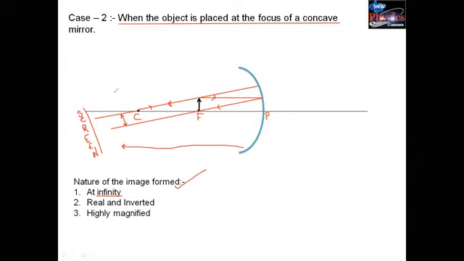But in case the image is formed in front of the mirror, then we will have real and inverted image, and the image will be highly magnified. ठीक है, image will be highly magnified. प्रोजेक्टर में हम लोग एडजस्ट करते हैं ना, the image formed is magnified, और उस मैग्निफिकेशन को हम लोग एडजस्ट करते हैं अपनी स्क्रीन के अकॉर्डिंग.